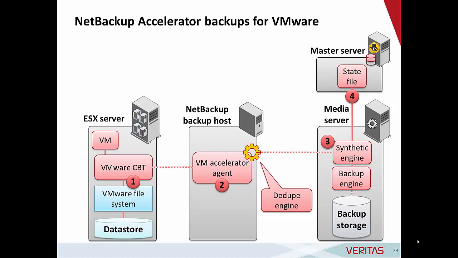And so we get our full backup here in about the same time it took to do an incremental with CBT, which is very fast. We moved a lot less data across the storage network to the dedupe pool, and the backup is stored as a full backup, which makes recovery more efficient.